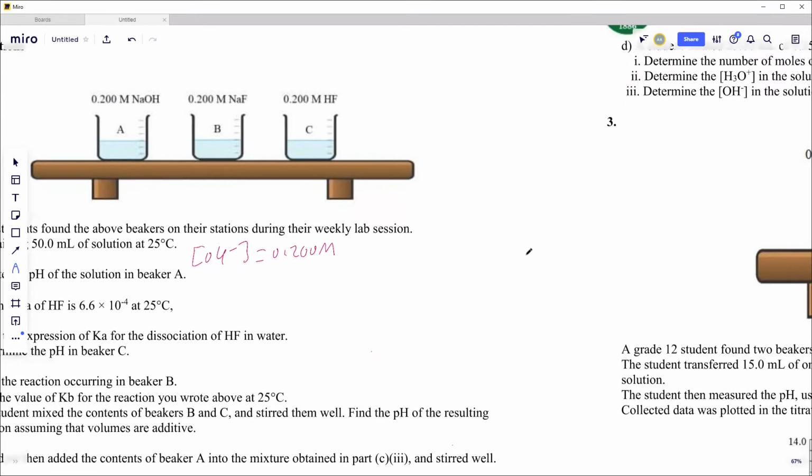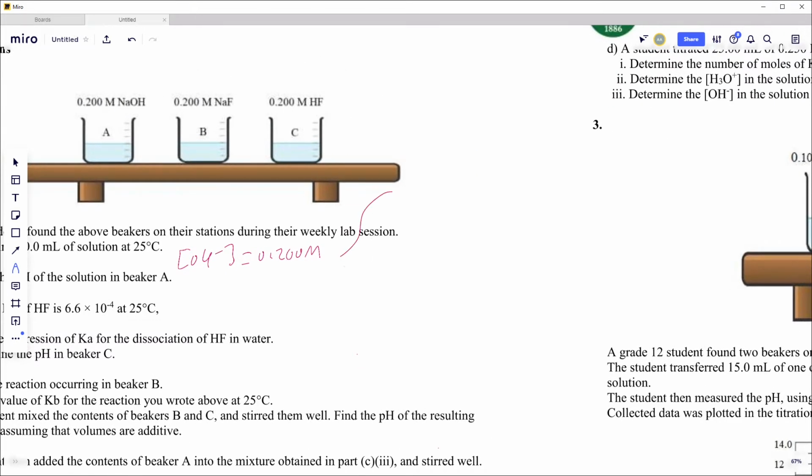And you have 2 ways you can do this. You can either find the concentration of H plus, which is K water over the concentration of OH minus, and pH equals minus log of the concentration of H plus.